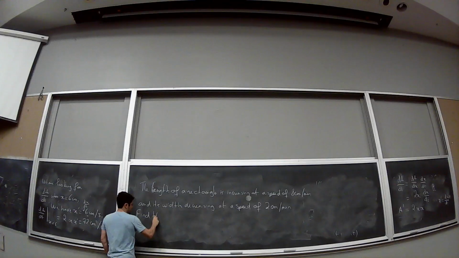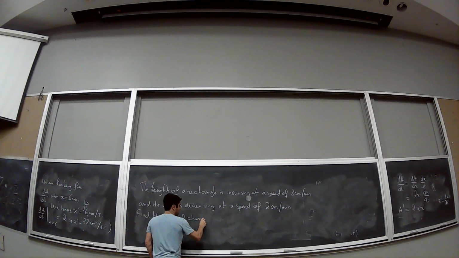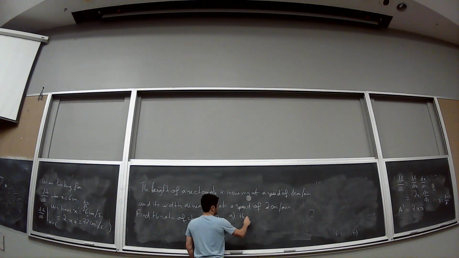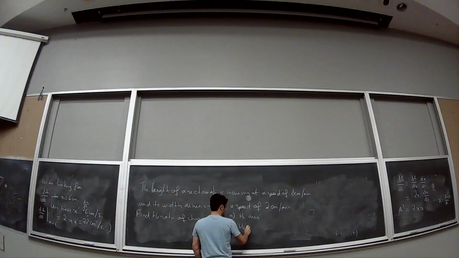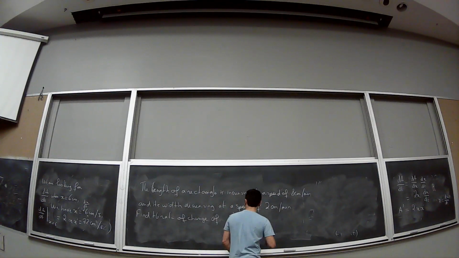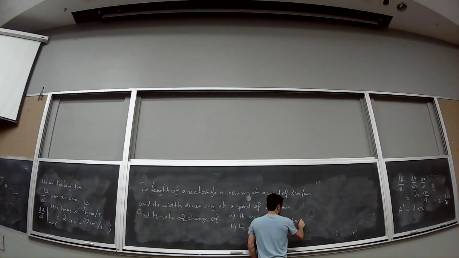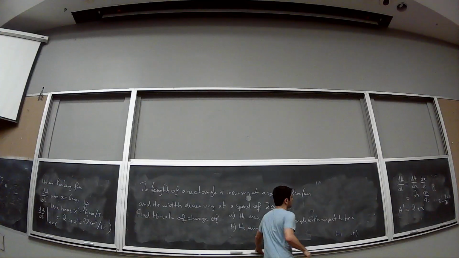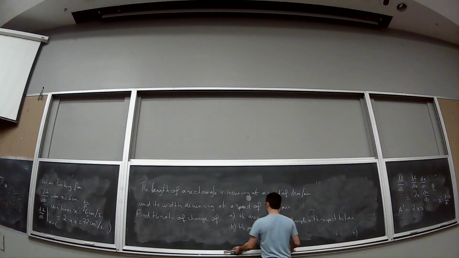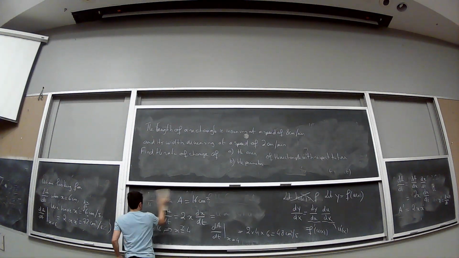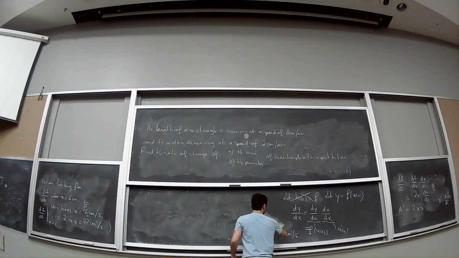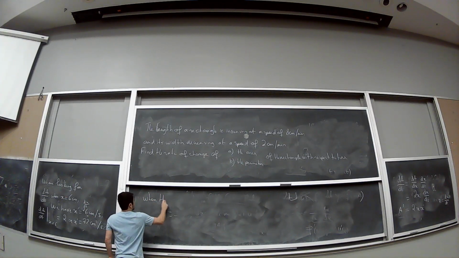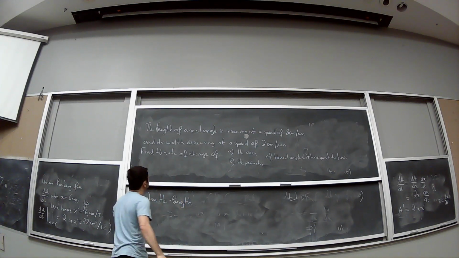Find the rate of change of, let's say, A, the area, B, the perimeter, with respect to time of the rectangle, when the length is equal to, what do you call the sides, length and width?